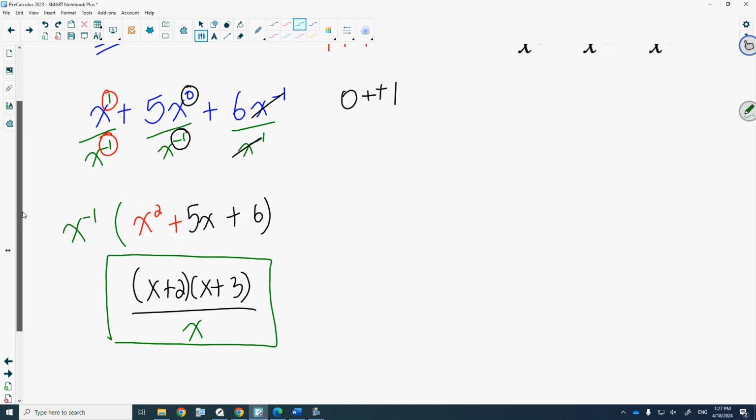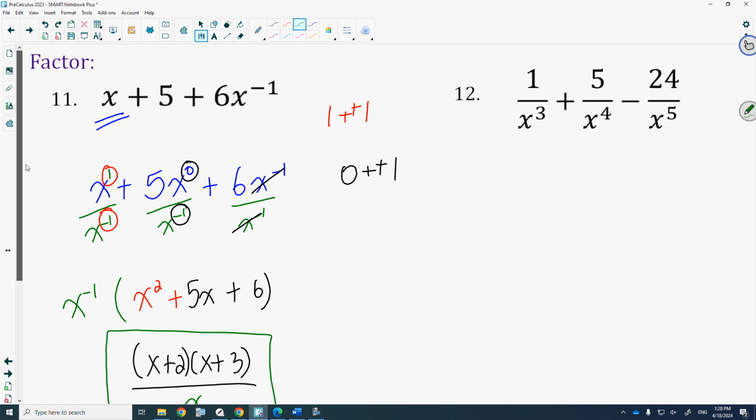Let's do one similar to this one. So you look at this and you say, okay, we haven't done one that looks like this, but rewrite this question so that it looks like this. So for example, if I reciprocate this and I bring that x up, it becomes x to the negative 3.